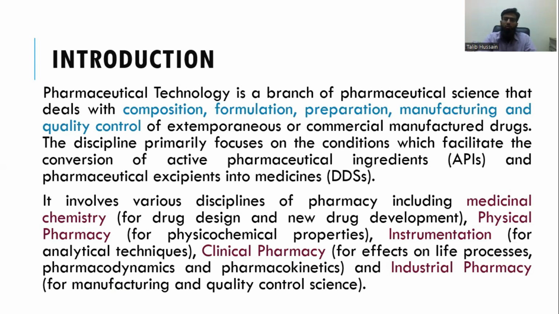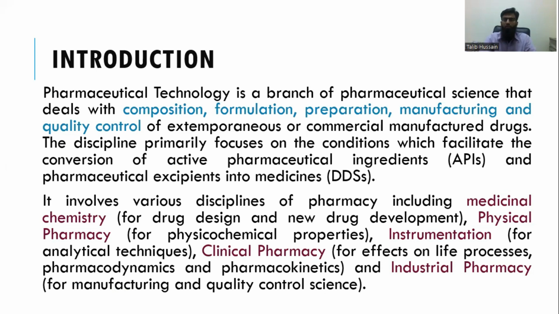So the combination of these pharmaceutical active ingredients and the excipients will make a composition, and that composition in fixed proportion will develop a formulation with a preparatory method to prepare a formulation.